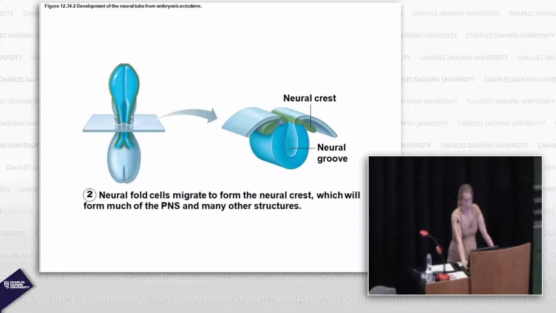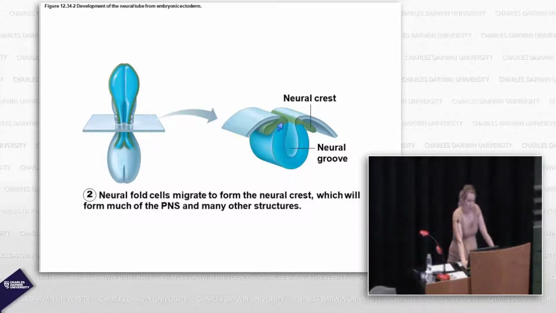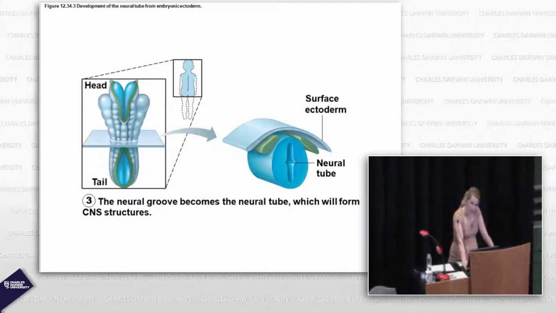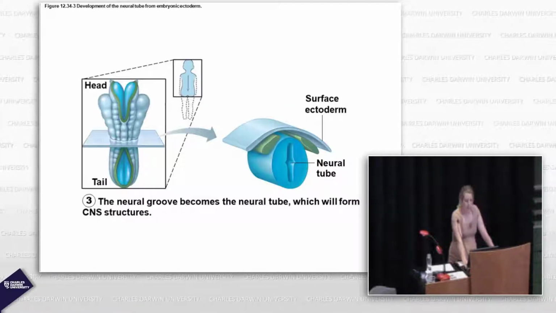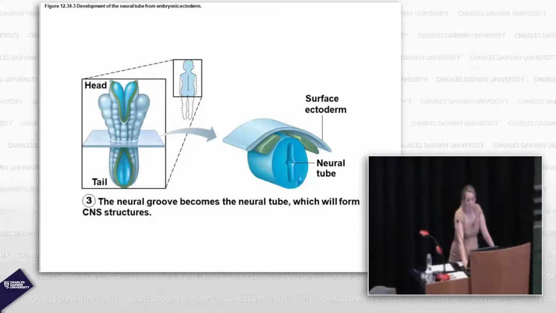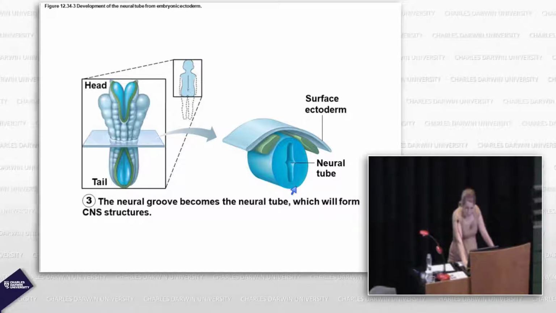These will eventually form much of the peripheral nervous system, whereas what's in the blue here will form the central nervous system. The final step is the encapsulation of the neural tube, so it's completely closed off now. And this, as I said, forms the central nervous system.